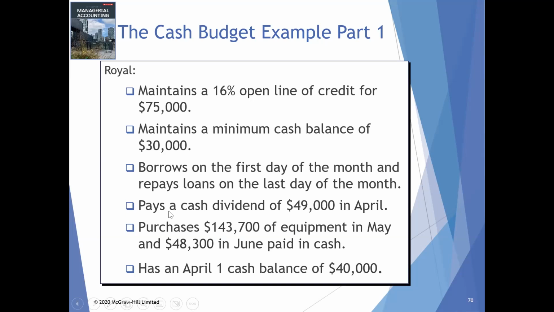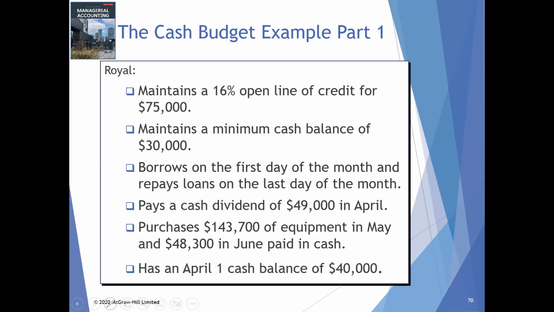The company pays a cash dividend of $49,000 in April. So the company decided that it will pay a $49,000 dividend to its shareholders. So this is also one of the expenditures.